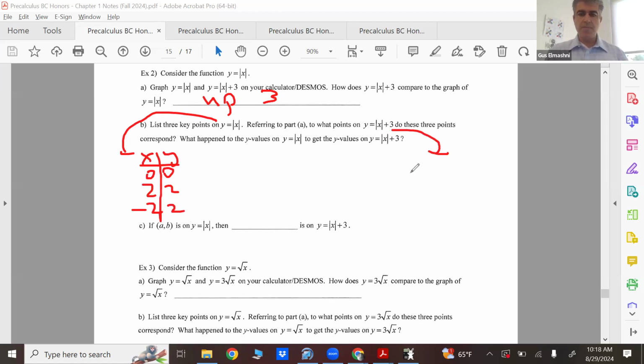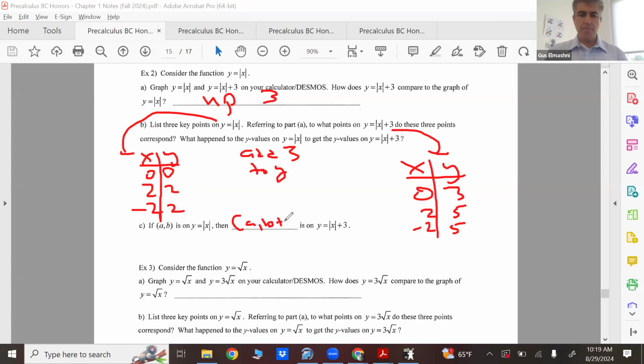For the transformation, I'm going to add 3 to y. So 0, 3, 2, 5, negative 2, 5. So this case would be a comma b plus 3. Okay, makes sense? Should we review, right? Okay.